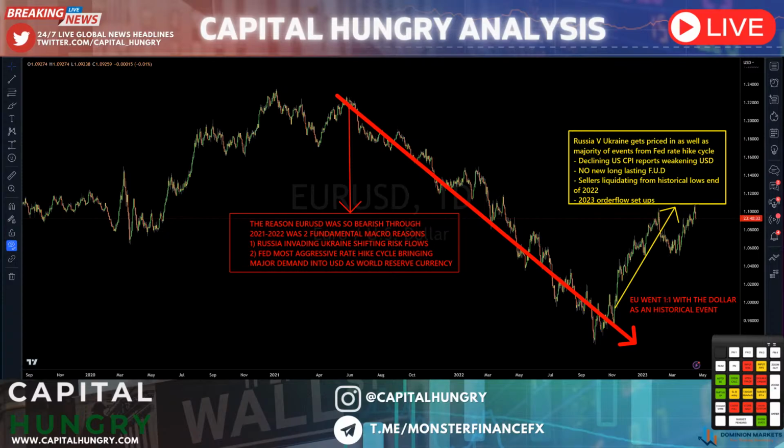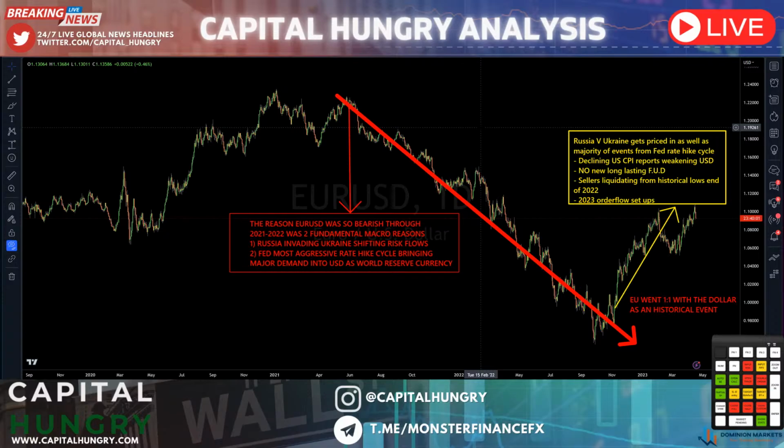Just adapt accordingly. So right here you can see on your screen is EURUSD and the daily chart. We're just going to be breaking down some of the key movement and events over the last couple of years. For those of you who are unaware, the reason why EURUSD was so bearish through the primary period of 2021 as well as the majority of 2022 was for two main fundamental macro reasons.